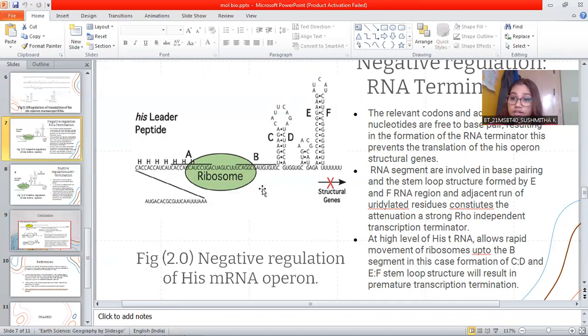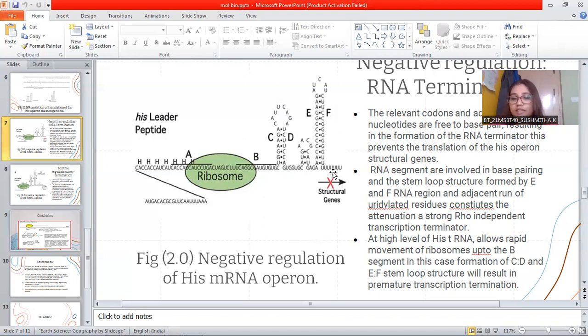So as the tRNA is more in number, the transcription also happens continuously. The tRNAs keep binding to the ribosome, and the ribosome keeps shifting as soon as possible, and then moves forward. That is why it moves till the B region, and then again forms a loop at C and D and E and F.